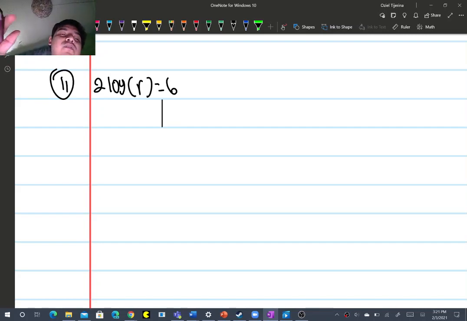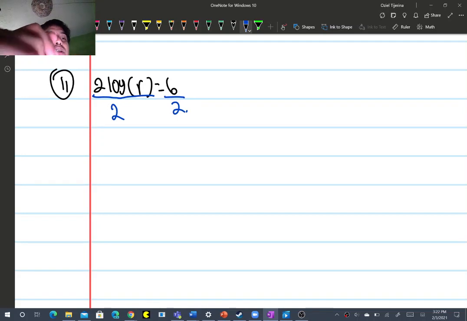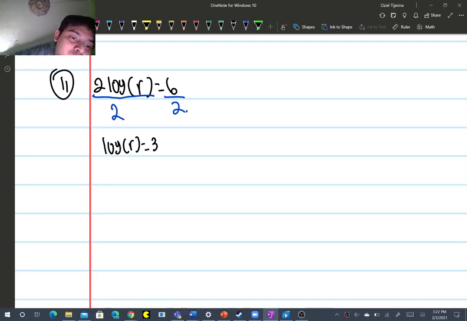We have 2 log of r is 6. Now, anytime you have a number in the very front, what you want to do to get rid of it is divide. So we're going to say divide by 2 on both sides, right? And then we can say that log of r equals 3. So then that means that log base 10 of r is 3.